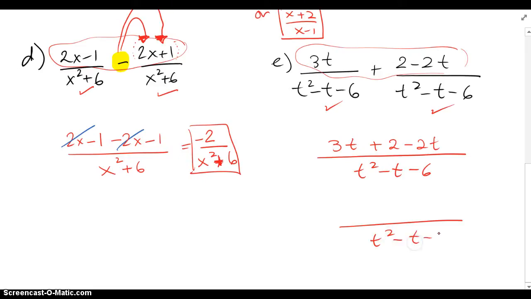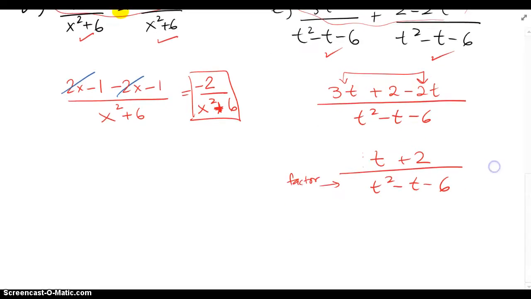So t squared minus t minus 6, I get a t from these two guys. 3t minus 2t is 1t plus 2. So I'm almost done. I just need to see if I can factor the denominator and possibly reduce this rational expression any further.